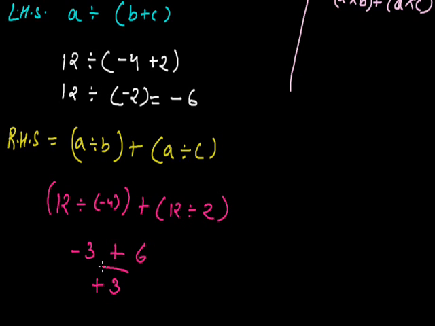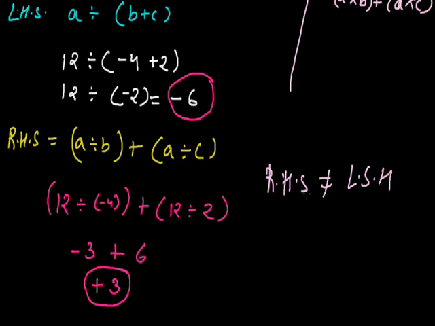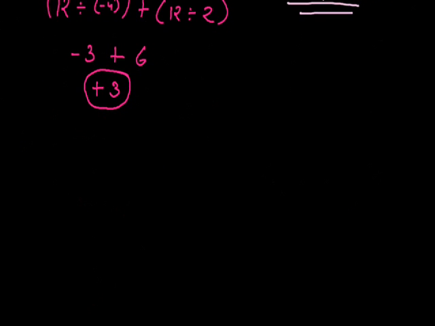You can see in the right hand side we have plus 3 and in the left hand side we have minus 6. Both the values are not equal. The right hand side of the equation is not equal to the left hand side. So we have proved that A divided by (B plus C) is not equal to A divided by B plus A divided by C. So we cannot distribute A to B and C when we have a division sign in between.